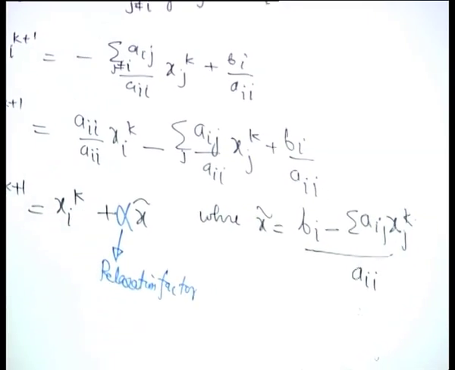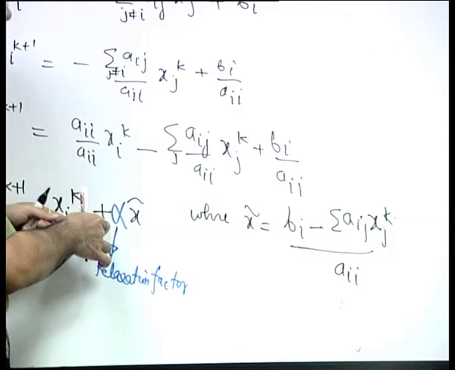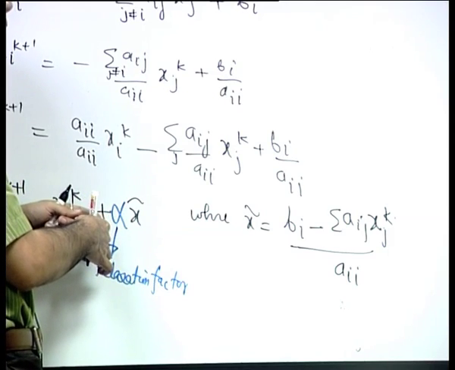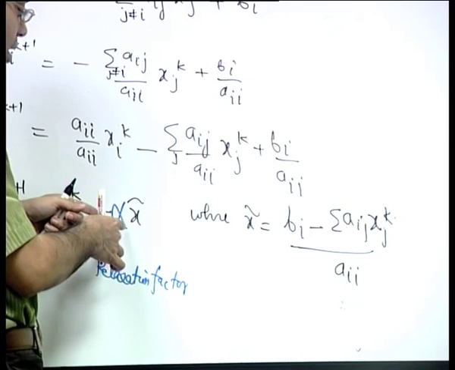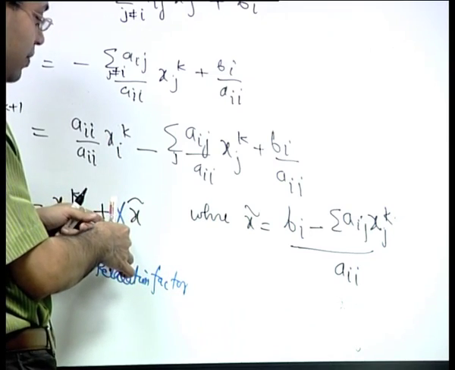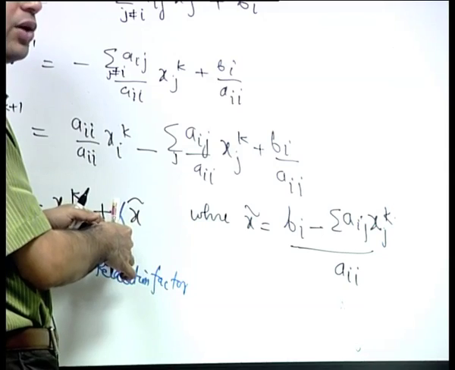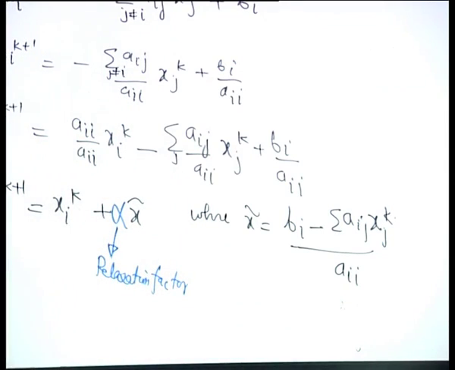Now, the big question is how can we temper a formula like this? If you make alpha not equal to 1, you are tempering a formula which you have derived from certain fundamentals, and still you expect that you will get the final solution. Why?